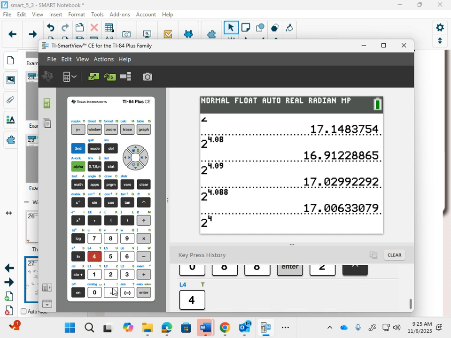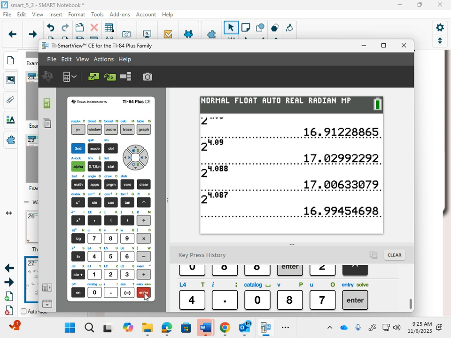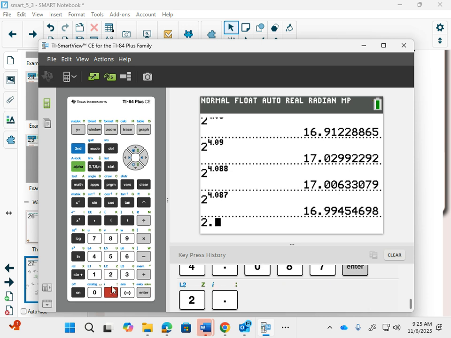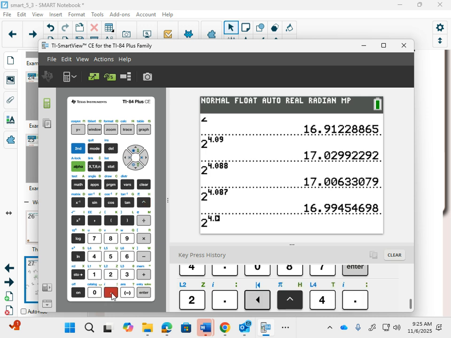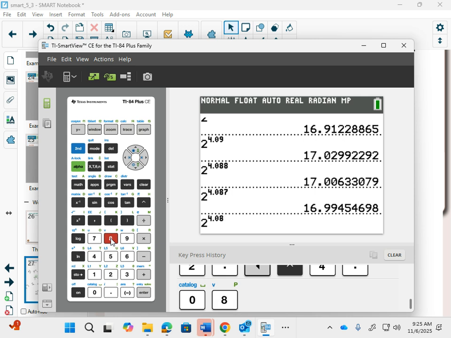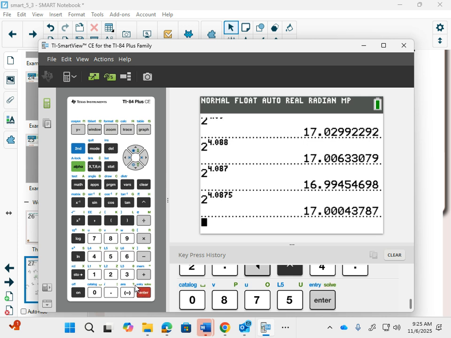I want to get closer. Ooh. 4.0875. Oh, I keep getting closer and closer and closer, right? And this is exciting math work, right? Getting closer and closer and closer.